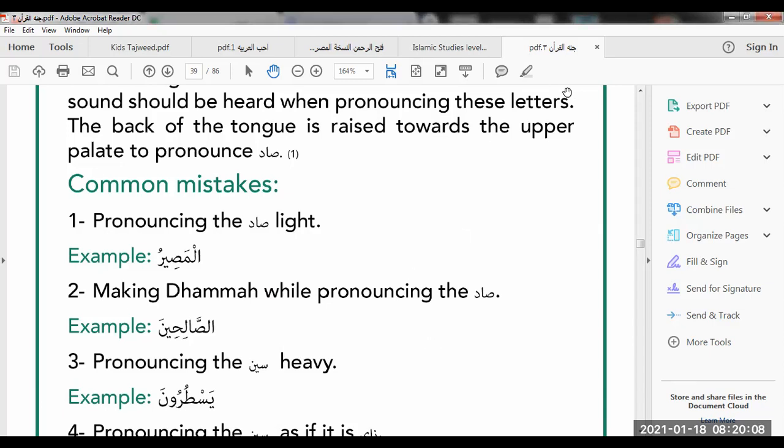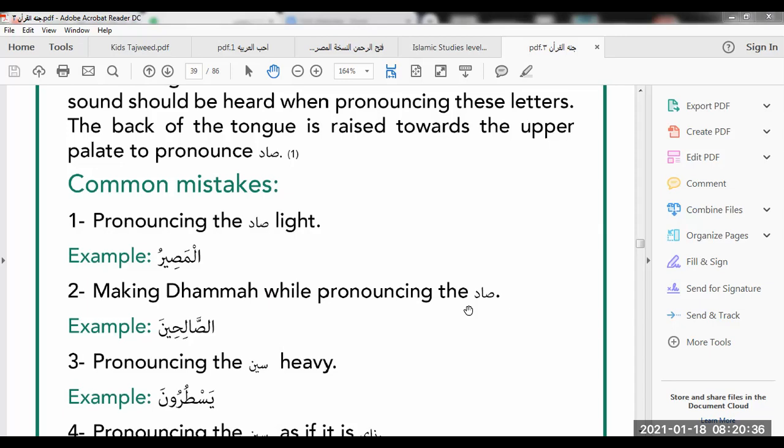The second common mistake is making dhamma while pronouncing the صاد. الصالحين is the correct pronunciation, not الصو. Some people, when they pronounce الصالحين, make this صاد have dhamma.